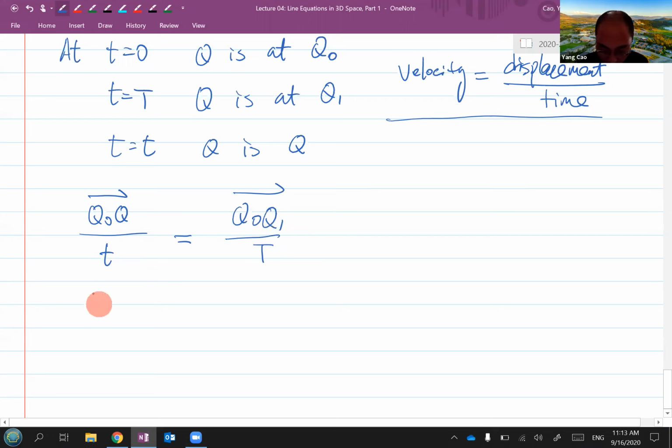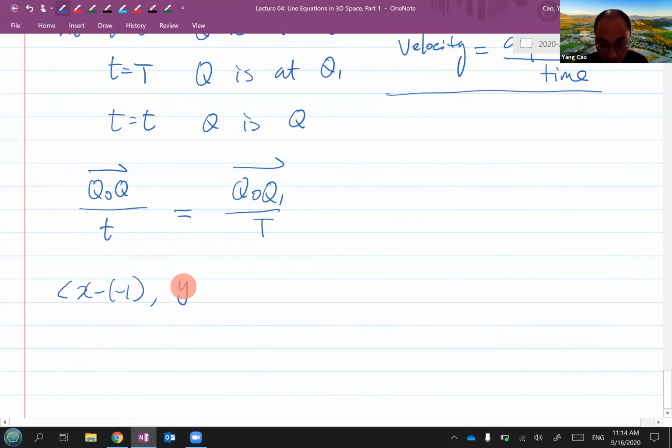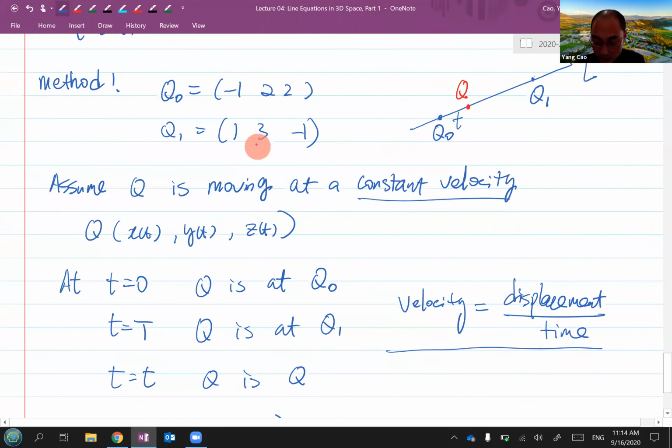On the left side, Q naught Q, you use the coordinates of Q minus the coordinates of Q naught, so x minus -1, y minus 2, and z minus 2. On the right side, Q naught Q1 is the coordinates of Q1 minus the coordinates of Q naught: 1 minus -1 is 2, 3 minus 2 is 1, -1 minus 2 is -3.